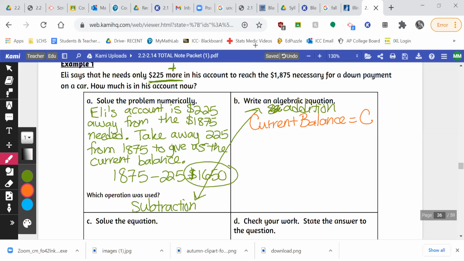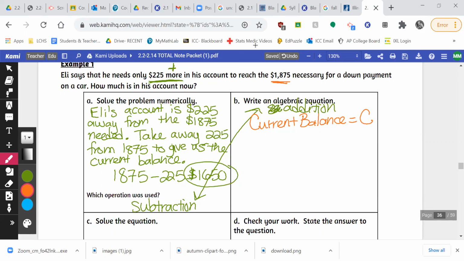Now, one thing that I want to point out is just the word balance alone, or the amount that he has, is not enough information, because when we look at the problem, we have two different amounts: his future amount of $1,875 and also the unknown amount that he has now.